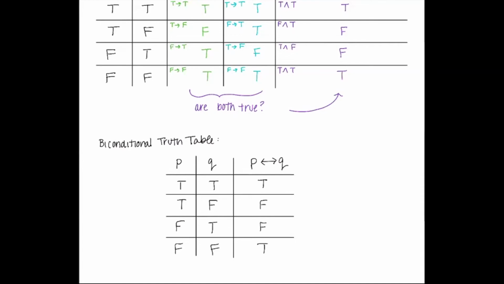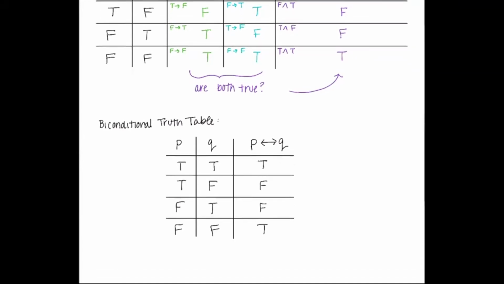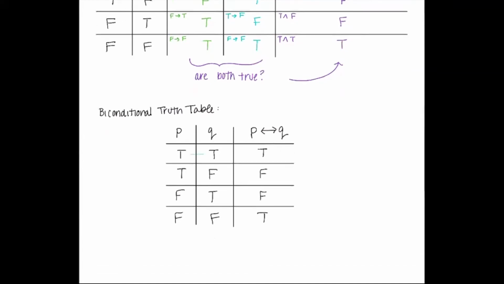And if they're both false, my biconditional is true. Pretty much you have to be able to put the arrow forward and backwards. When they're differing truth values, I can put the arrow this way but I can't put it that way, which is why I get something that's false. Same thing here. When I put it this way, I'm false, even though when I put it that way, I'm true.